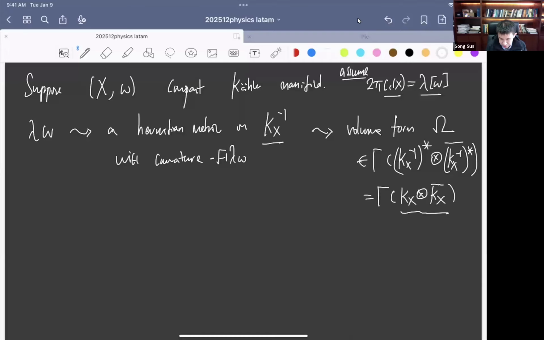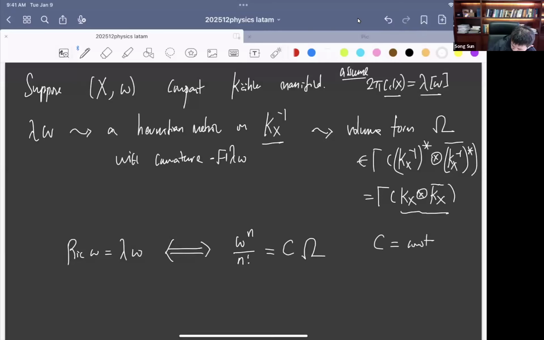Okay, so one has to understand this first, and if you understand this, then the equation that Ricci of omega equals lambda omega can be interpreted as the fact that two volume forms are equal, up to a constant. One is capital Omega, the other is little omega. So I have to be careful: the capital Omega depends on little omega.